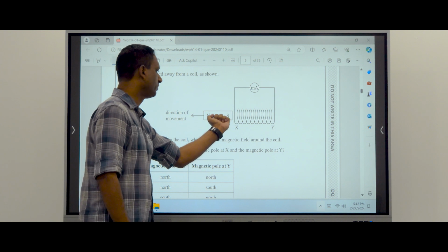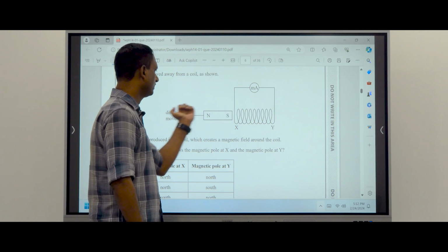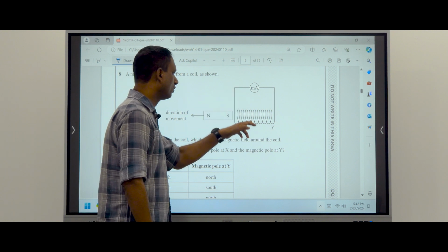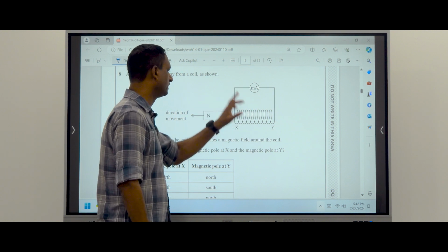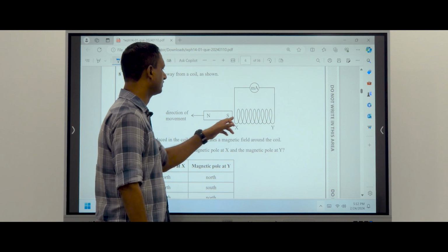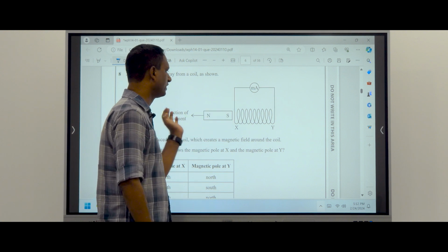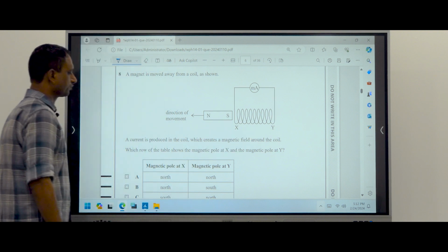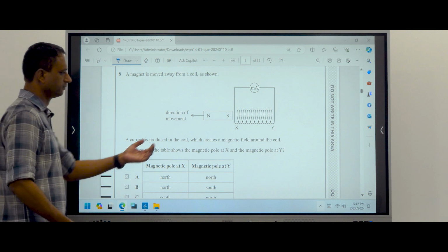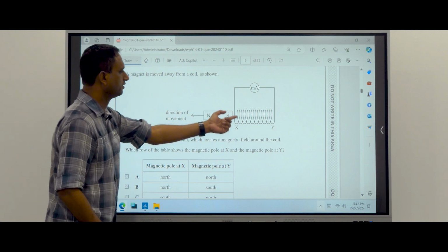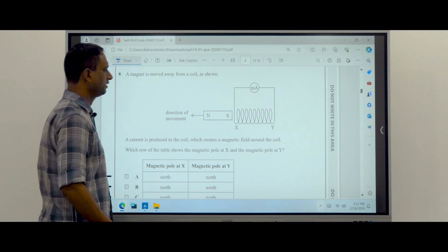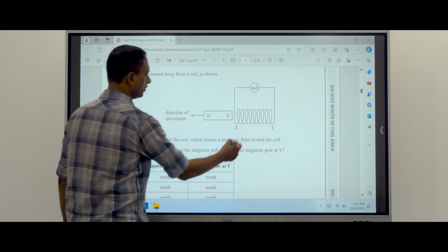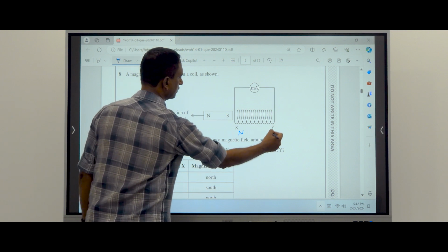The coil doesn't like this creation, so it tries to attract the magnet when it is going away. When it is coming towards, it tries to repel. Current is produced due to the process, but it doesn't like the process. Then when it is going away, it tries to attract. Then this would be north pole, so this south pole.